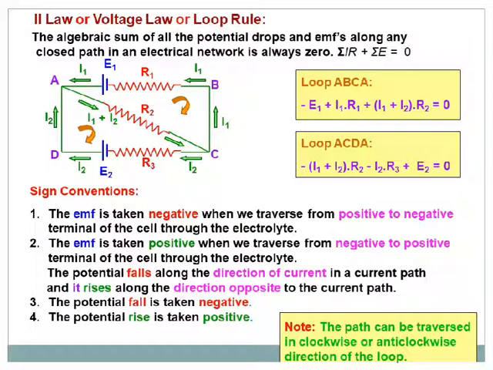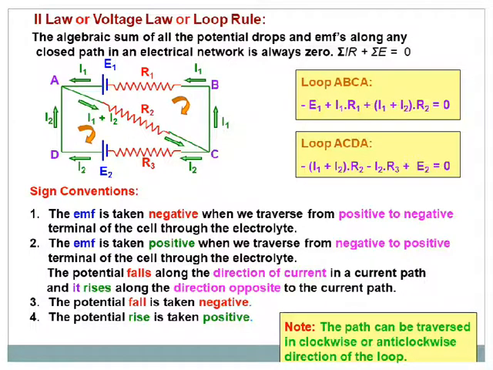So it's negative. In this case, it is negative. I am transferring the EMF from positive to negative terminal. That's why it is negative. If I am tracing path from B to A, then it will be from negative to positive of EMF, so that will be positive. Alright. This is the sign convention for EMF. It is negative when transferred from positive to negative terminal.